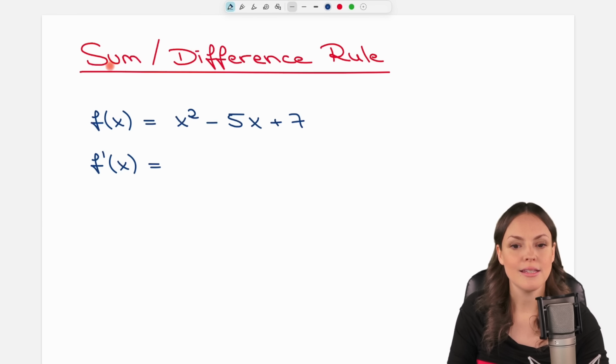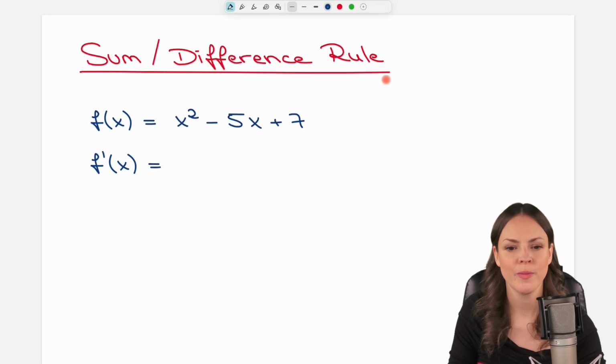And we take a look at the sum difference rule. This time we have a minus and a plus here in between our expressions. The minus is the difference, the plus is the sum, and we don't know yet how to differentiate this. But the minus and the plus separate our expression here into 3 parts.